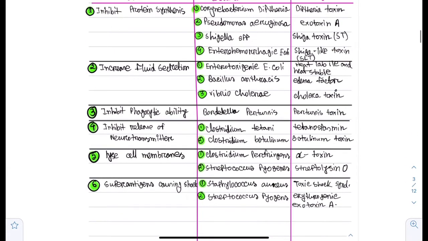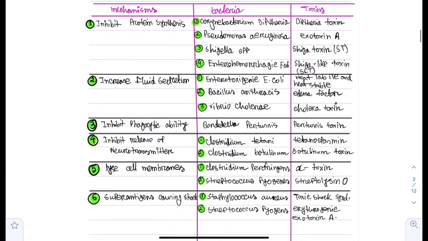So these are the bacteria which contain the exotoxins and also cause harm in the host cells, which, first of all, inhibit protein synthesis. And these are the bacteria here.